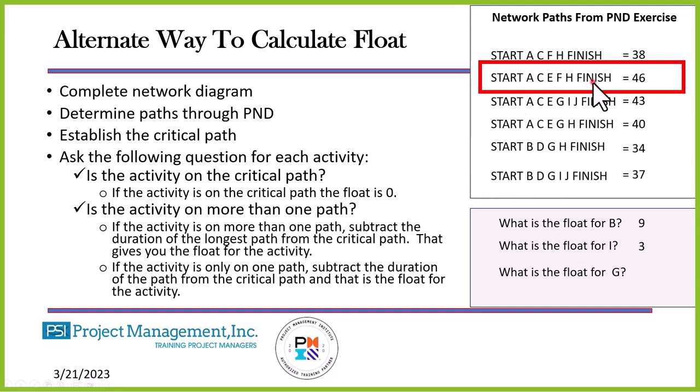No. Is G on more than one path? Yes, it is. What's the longest path? 43. That says my float of G is 3. What's the float of H? Is H on the critical path? Yes, it is. The float is 0. That is the best way then to calculate the critical path and the float for each activity.